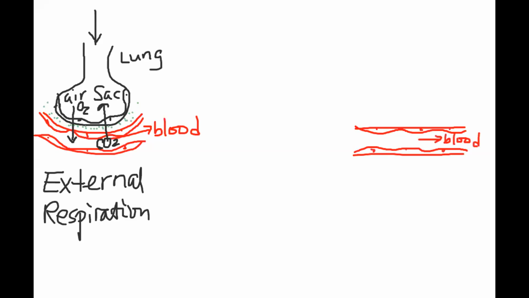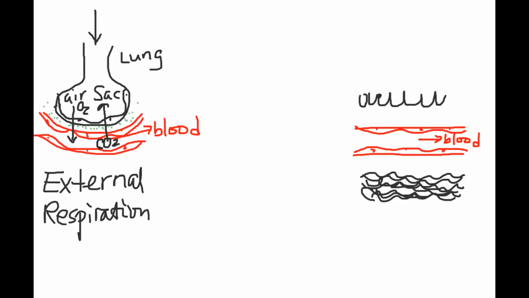Let's say anywhere in your body, let's say in your skin, you have the skin cells around it. Or it can be anywhere. It can be in your liver, it can be in your GI tract. You have different types of cells around these blood capillaries.